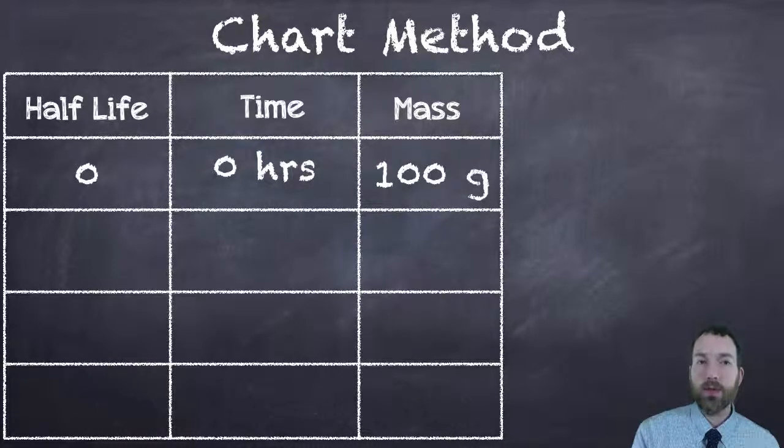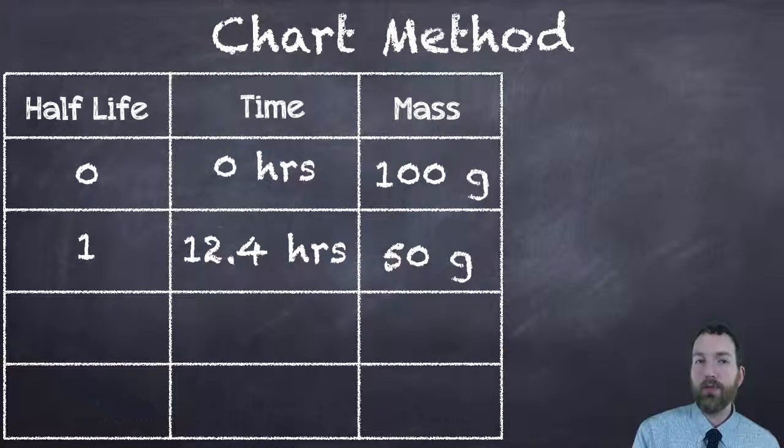At 0 time gone by, 0 half-lives, that's 100 grams. In the problem, it says that the half-life of this sample is 12.4 hours. So after one half-life, 12.4 hours has gone by, and that mass has decayed by half from 100 to 50. After the second half-life, another 12.4 hours go by.